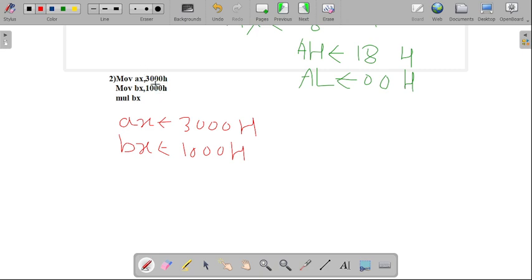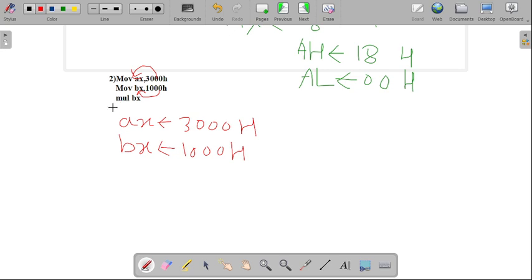Whenever we perform the MOV instruction, the value of the source is copied into the destination register. Here our destination is AX, so our AX value becomes 3000H. And the value 1000 will be copied into our BX register, that is our destination register.